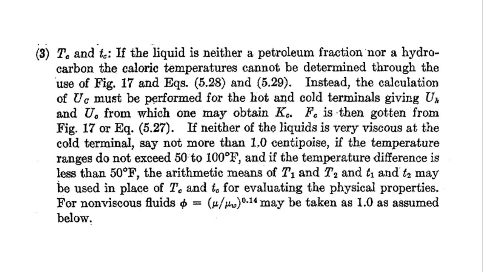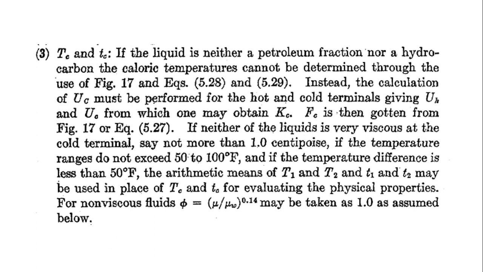The next important thing is the actual point that I am going to explain in the design problem. If neither of the liquids is very viscous, it means that none of the liquids, either the cold fluid or the hot fluid, is viscous at the cold terminal, say not more than 1 centipoise. So if the viscosity is up to 1 centipoise or less, the liquids are considered non-viscous.